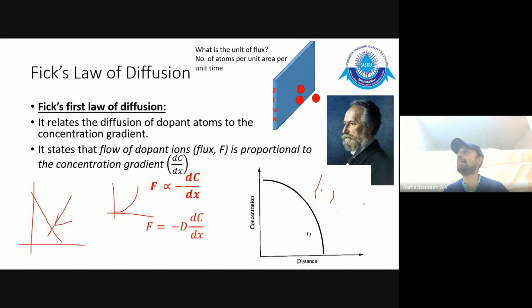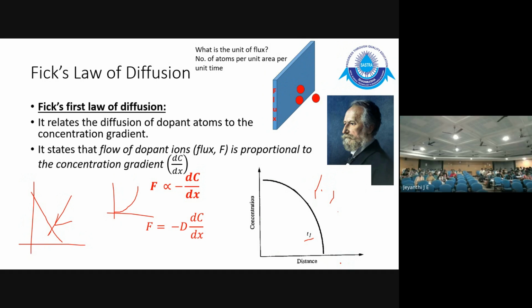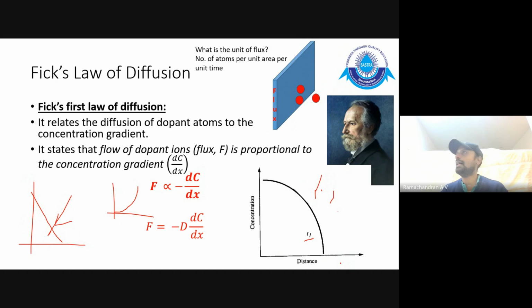Now over time, what will happen? I want you to draw. This is the initial profile at time t1. After some time, what will happen to the profile? What will happen to the dopant atoms? Draw this curve on the same graph.